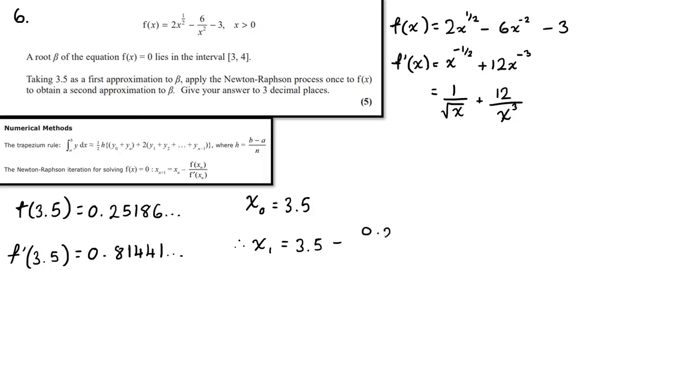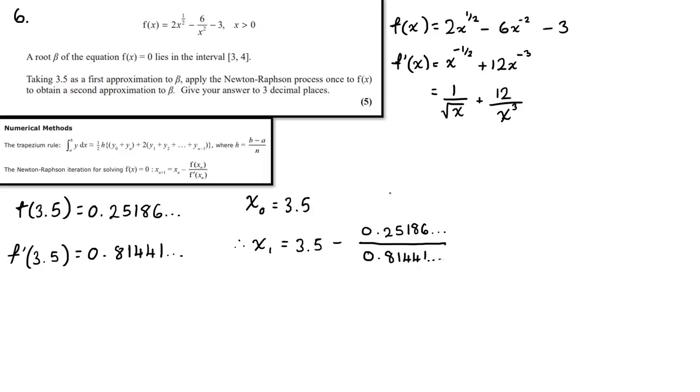0.25186. And again, keep whatever accuracy you've got in your calculator there. Okay. And we divide this by f prime of xn. So that's f prime of 3.5. Okay. So we divide this by 0.81441. And again, just keep as much accuracy as your calculator will give you.